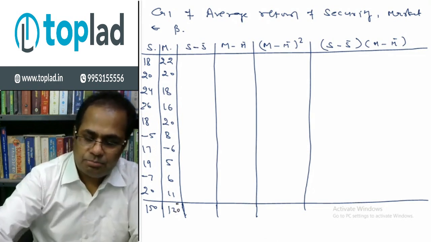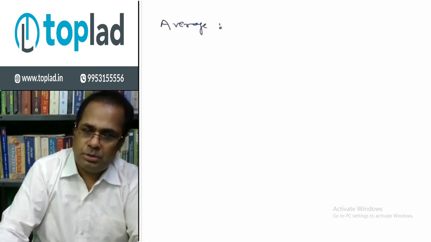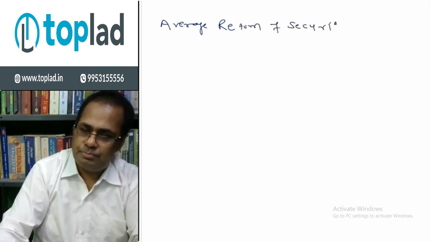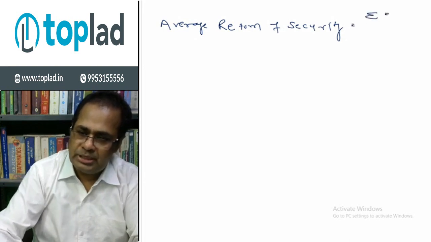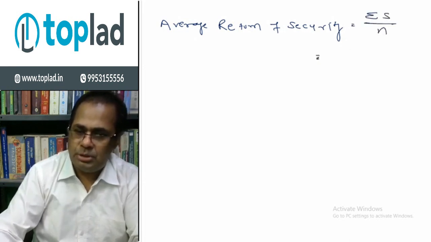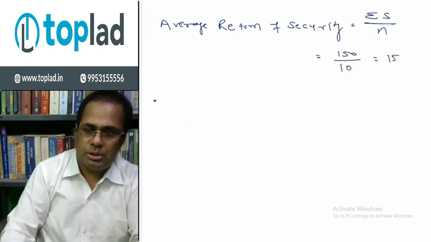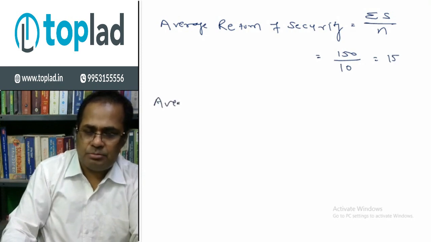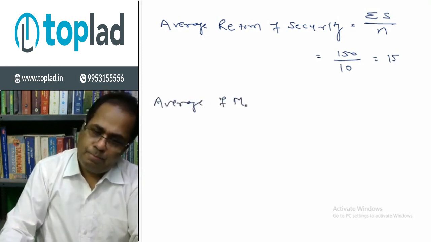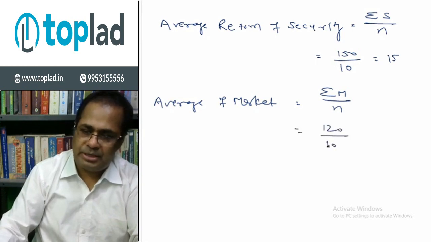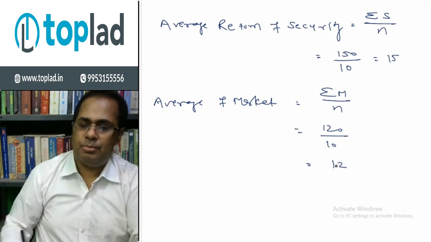You can write the average return of the security as summation S divided by N. 150 divided by the total number of observations, 10, that equals 15. The average return of the market is summation M divided by N, that is 120 divided by 10, this is your 12.